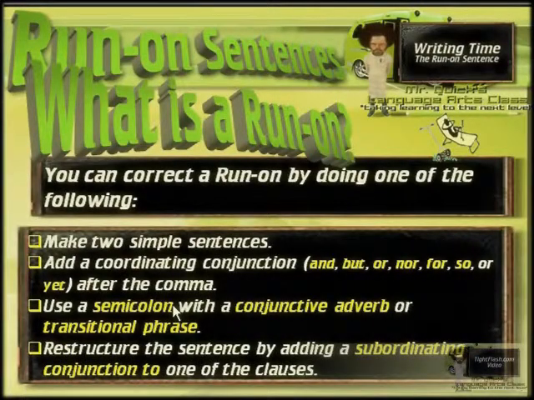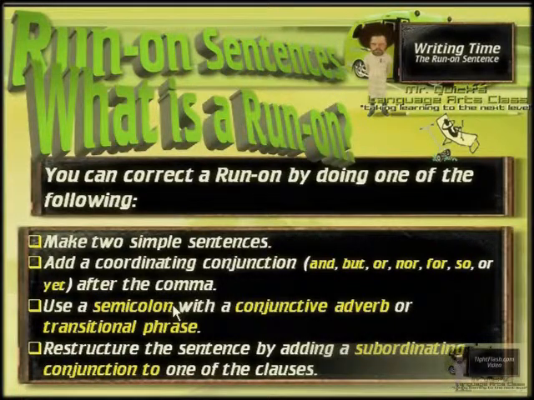Of course, make sure you don't forget the comma when you're using the fanboys. You can also fix it with one of the punctuation marks that we discussed when we talked about the types of sentences, which of course is the semicolon, the conjunctive adverb, transitional phrase, so forth and so on.